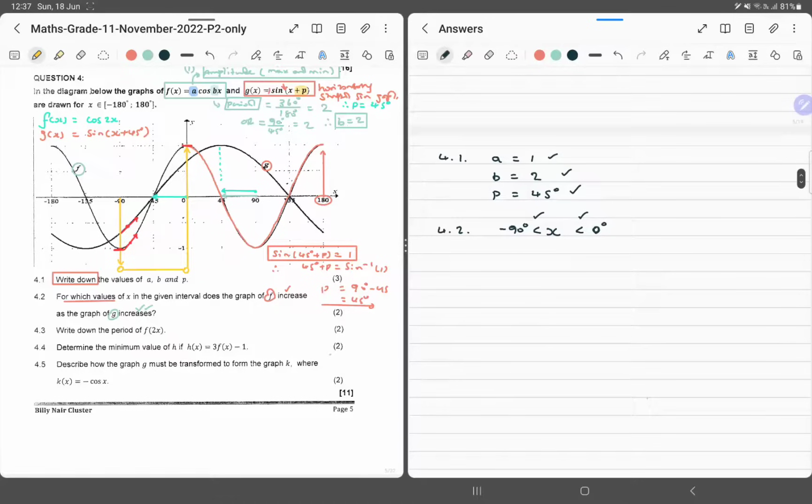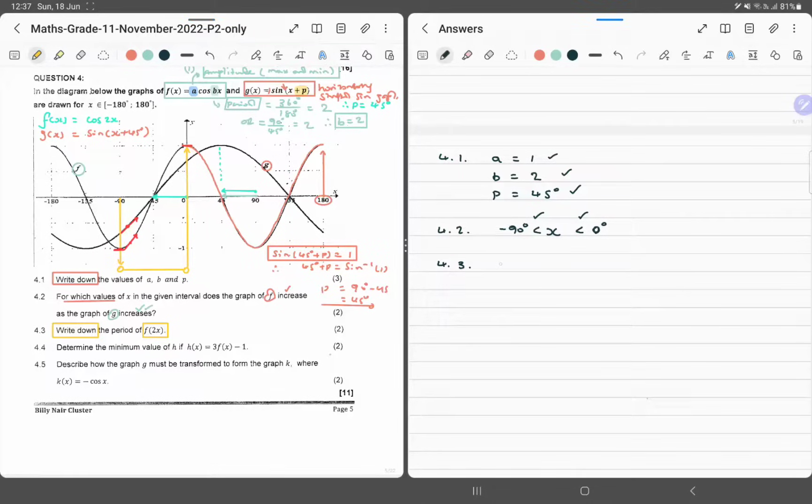Okay, so 4.3. It says now, write down, again, a question that says write down, you just do it, the period of f of 2x. Now that's a bit silly, okay? Remember f was already cos 2x. Now we are actually making it worse.